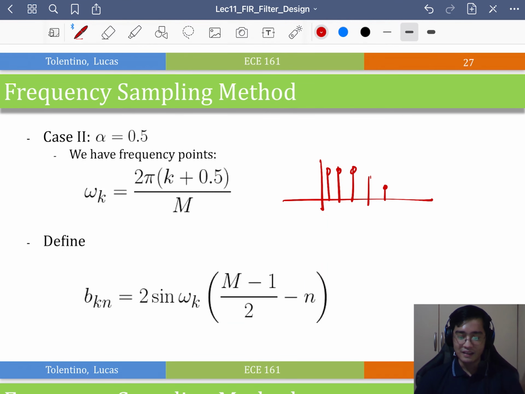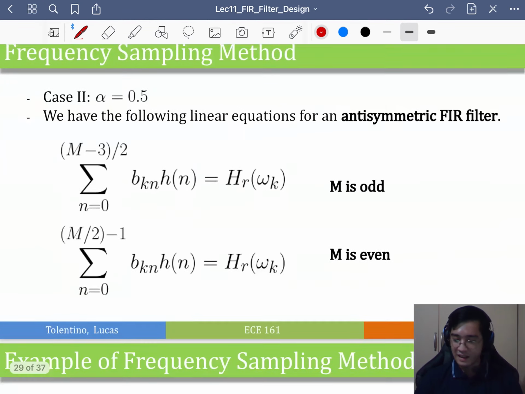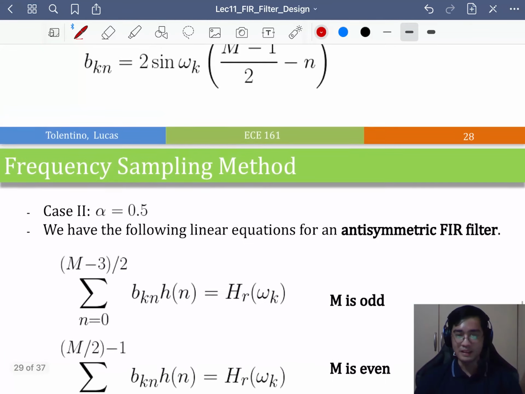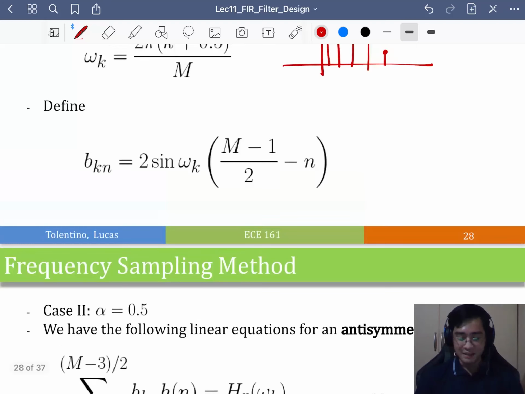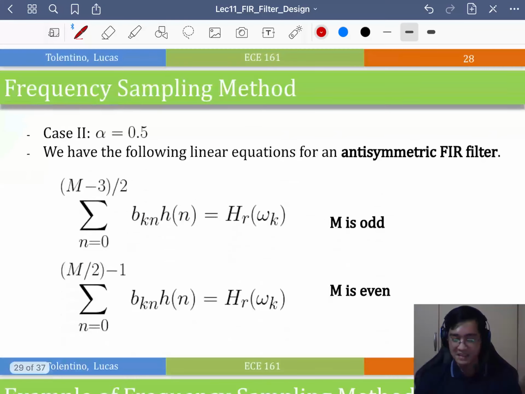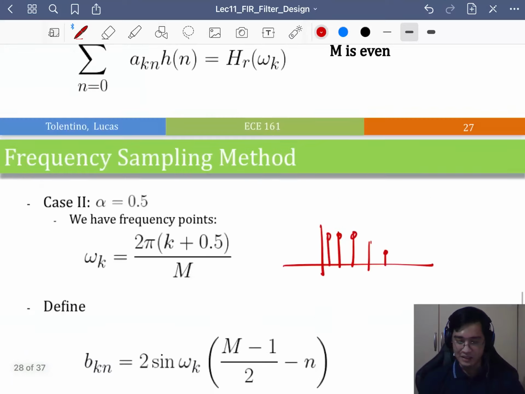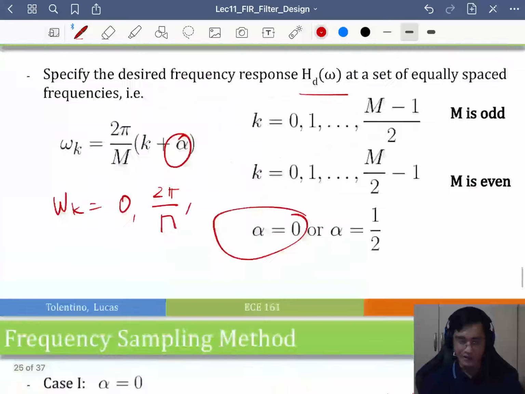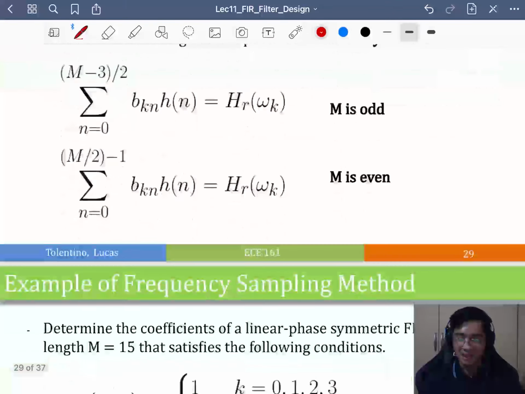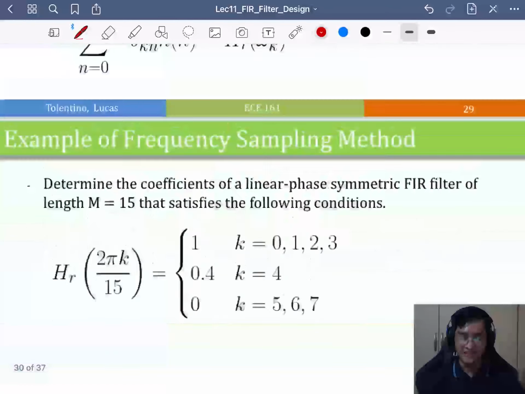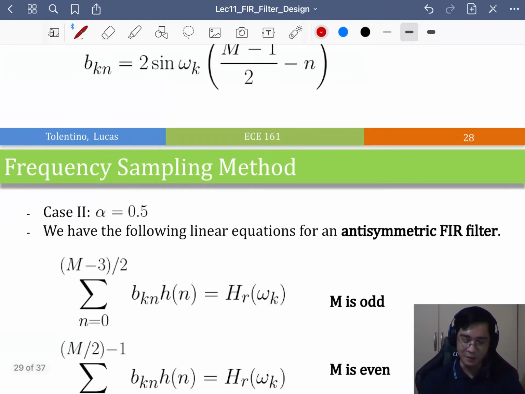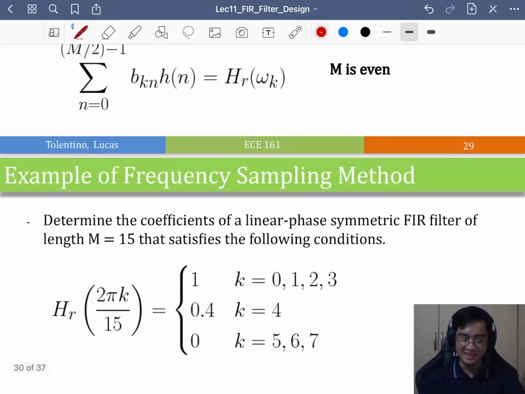But there is also a possibility wherein alpha is 0.5 and you can design a symmetric filter, which we will not discuss. But basically, when we have this, we can design an anti-symmetric FIR filter by the following equations. Now, we haven't actually used these equations yet, but I'll show you how, because when you have an example, it's easier to understand given a lot of these equations are present.